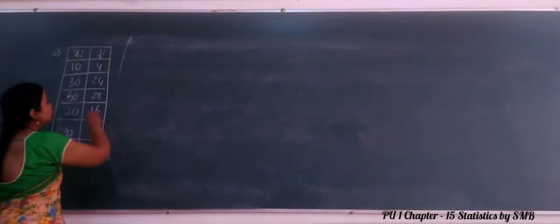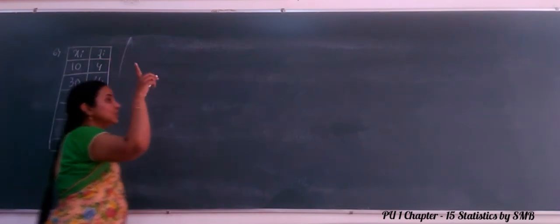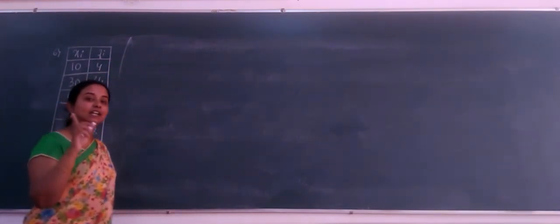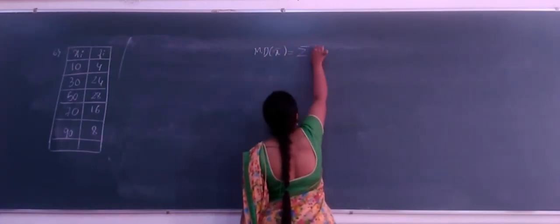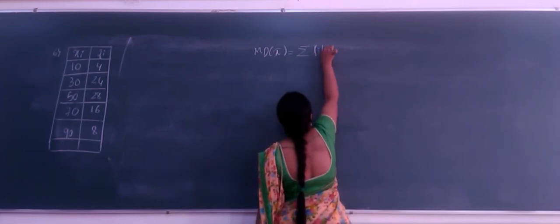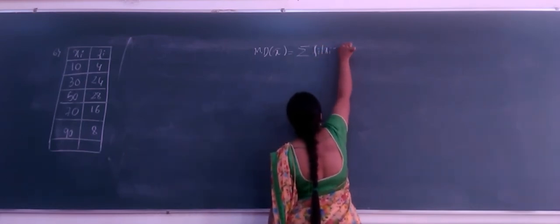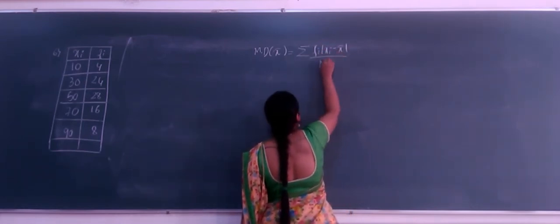Okay, so to calculate this, as usual, we have already identified the type of data. So let us write the formula that is required. Mean deviation about mean is equal to summation of fi into modulus of xi minus x bar divided by n.